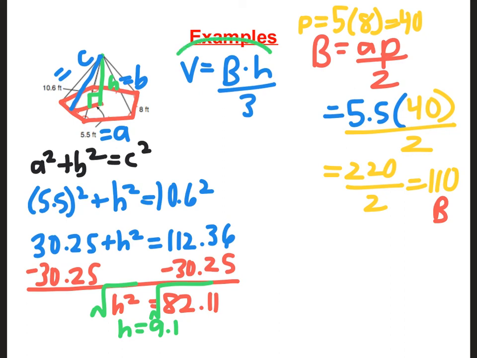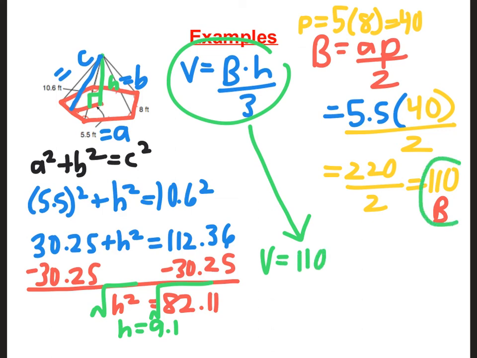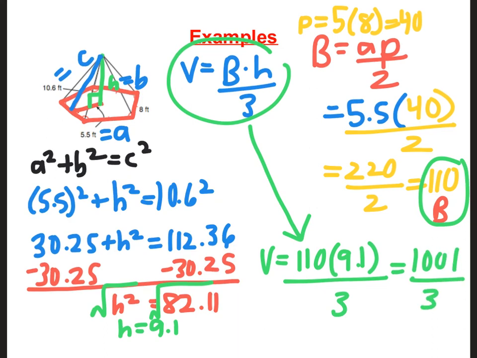Again, we still are trying to find volume, so I'm going to do that down here in green. Volume equals the area of the base, which we said was 110. Again, I got that number from over here, times our height, which we just found was 9.1, and then all divided by 3. If I do 110 times 9.1, I get 1001, all divided by 3.